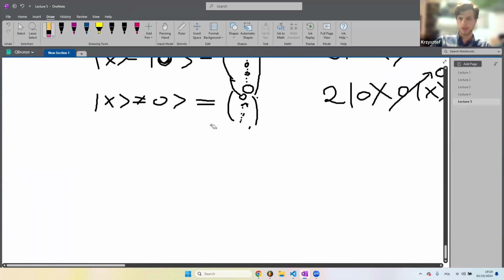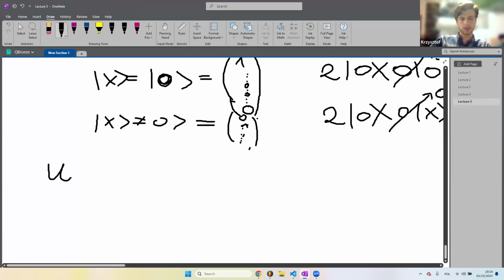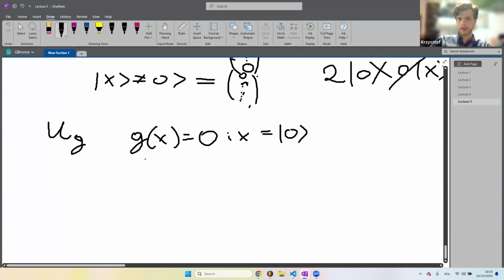So we can also use our unitary operator UG, and construct a function g such that g of x is equal to 0 if x is equal to 0, and g of x will be equal to 1 if x is different than 0.